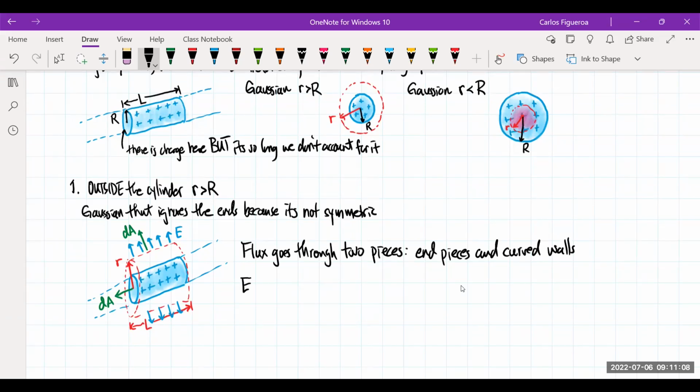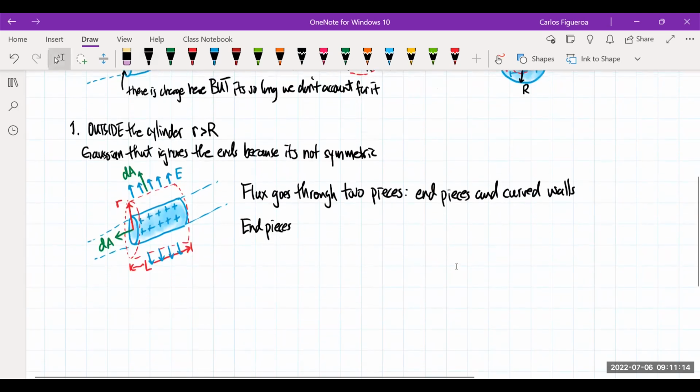So at the end pieces, we see that this is the cylinder, this is the side view of the end right here, right? This is the side right here. And what you're seeing here is that when I look at the E field, the E field is doing what? It's moving from the inside going out like this. So this is the direction of the E field.